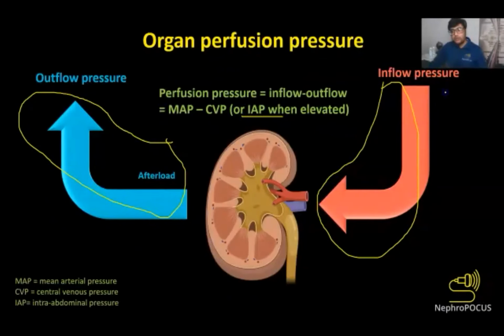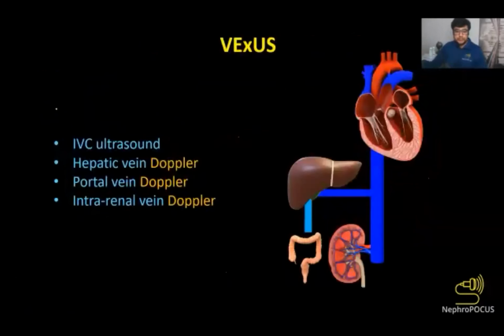So even if the forward flow is well preserved, if the organ afterload or outflow pressure, that is the right atrial pressure, is elevated, renal perfusion drops and results in acute kidney injury. That's called congestive kidney injury, which is a less recognized phenomenon as compared to kidney injury because of volume depletion.